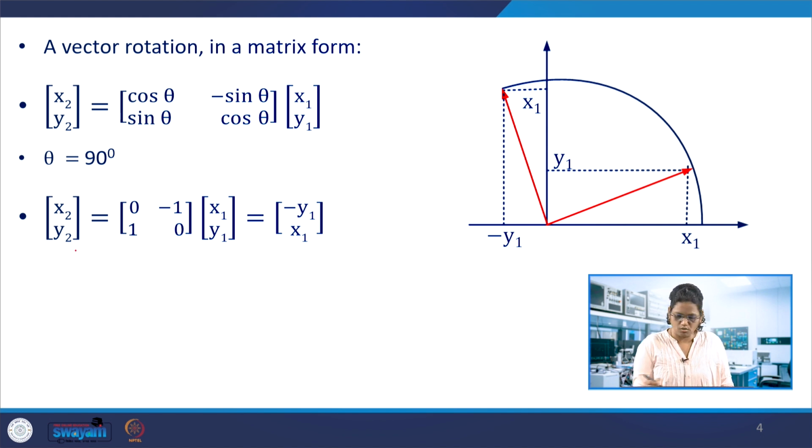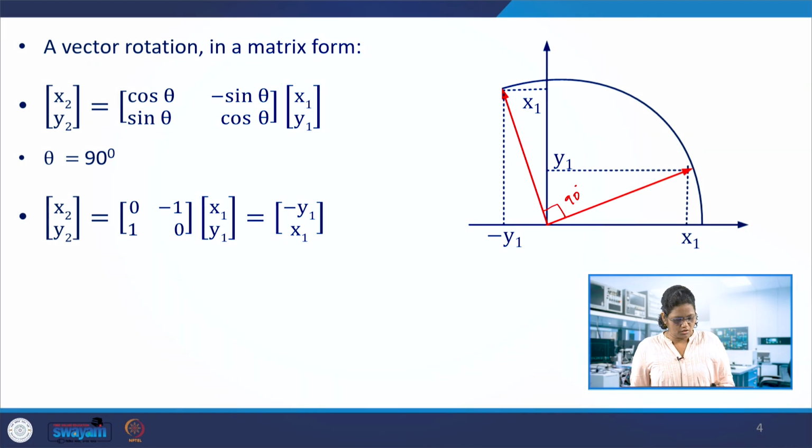So x2 y2 changes to minus y1 and x1 for theta of 90 degrees, wherever the vector is initially. So theta can be varied, that's what we are trying to say, in this vector rotation in matrix form.